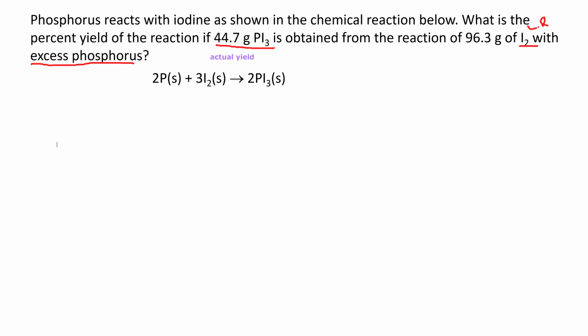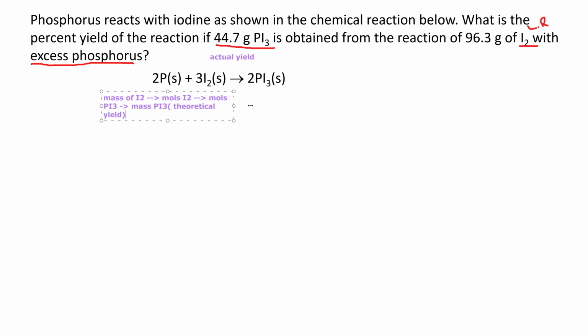So our plan of action is we're going to take the mass of I2, convert it to moles of I2, convert it to moles of PI3, and then convert that to mass of phosphorus triiodide, which is our theoretical yield.